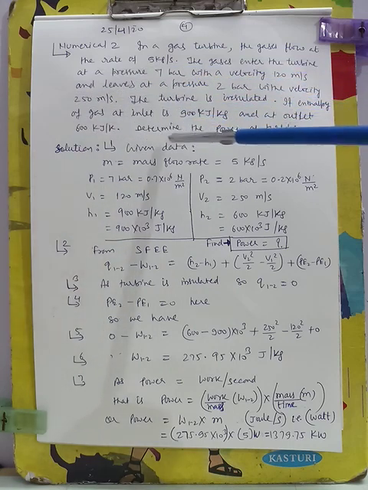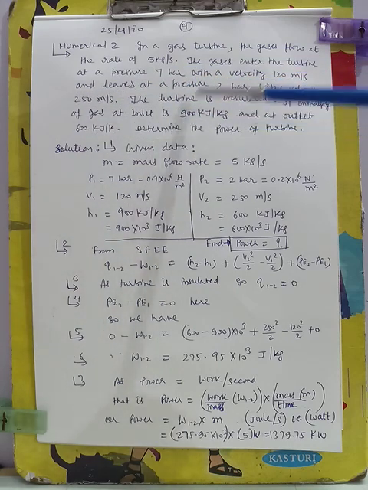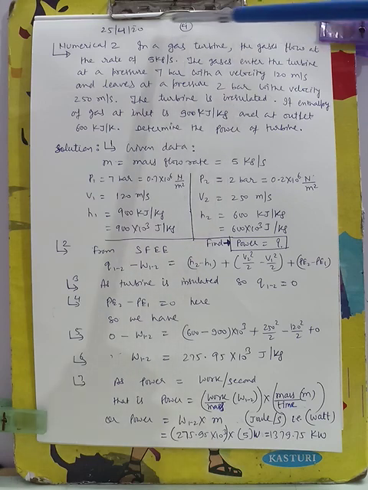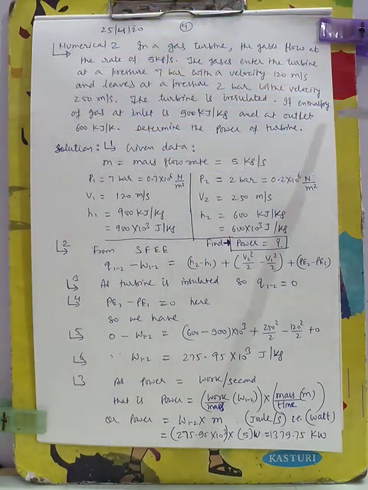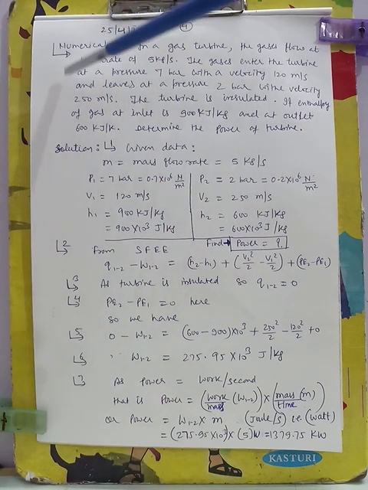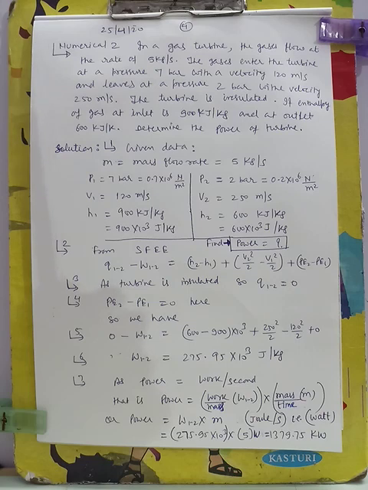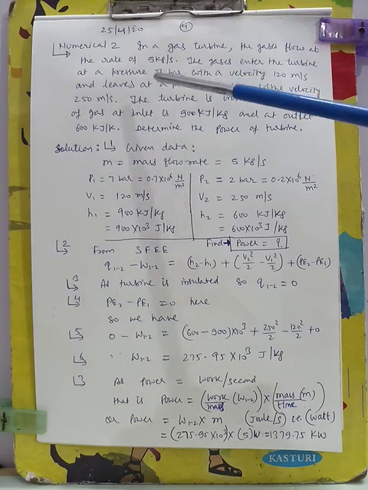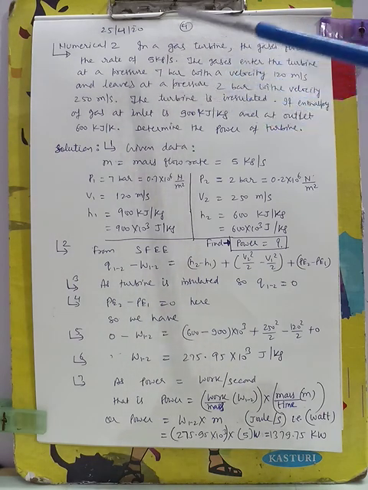So very first our duty is to read these numericals very carefully. Try to understand what is being told here, what they have given and what we have to find out.